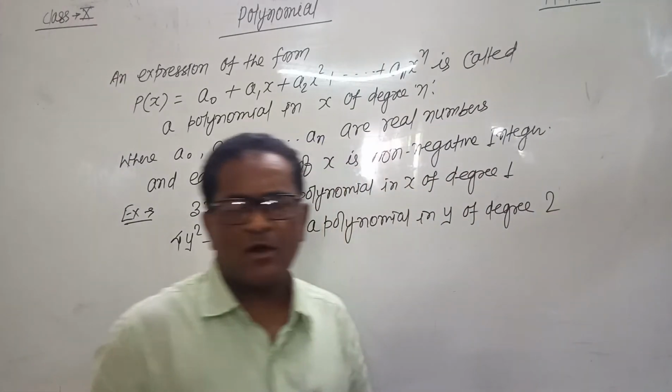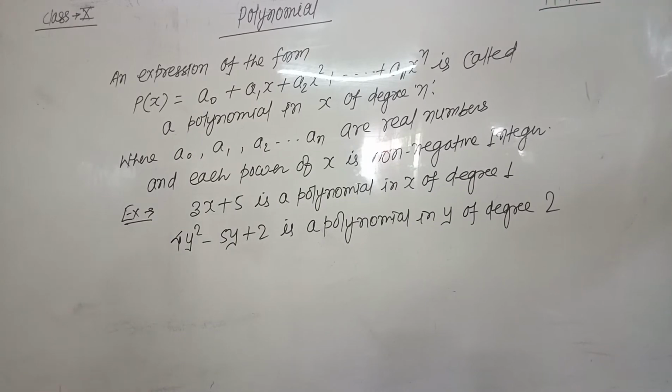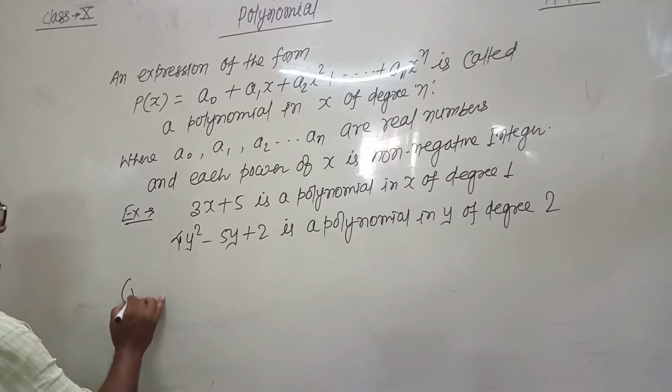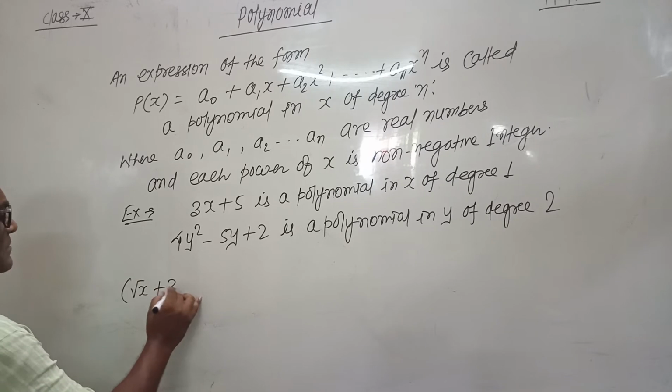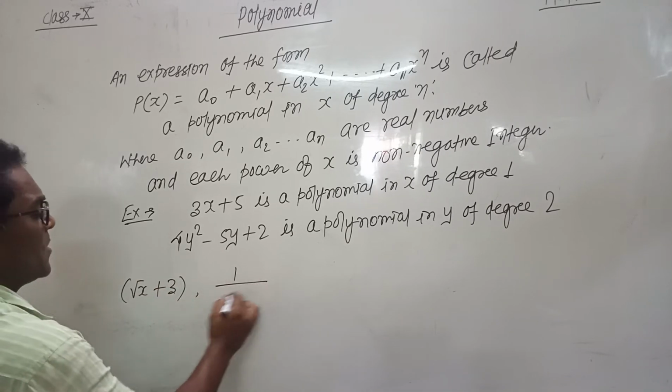Therefore, the degree of this polynomial is 2. The degree of a polynomial is found by determining the highest power of the variable. Since the highest power of the variable y is 2, it has degree 2.